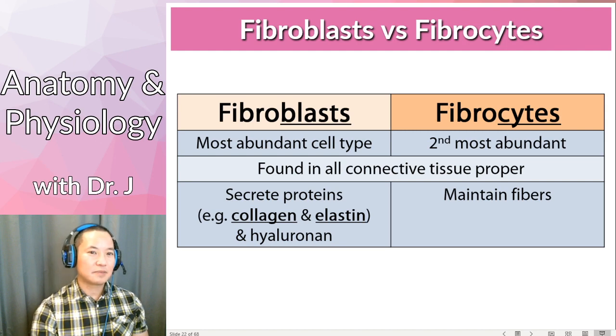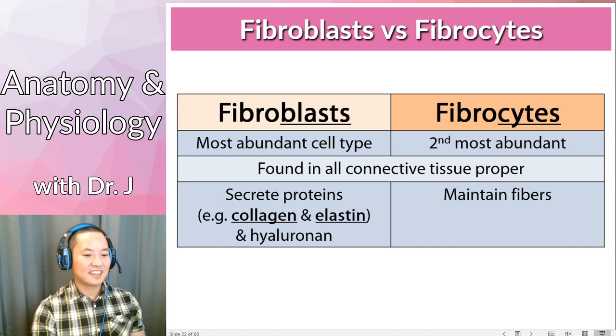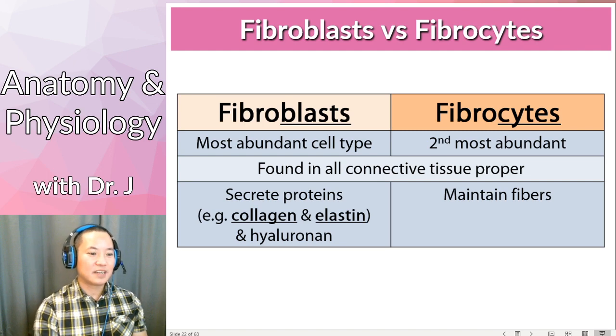These are the ones that most actively secrete the solid protein fibers that make up extracellular matrix. So these are the ones that secrete collagen and elastin. Whereas fibrocytes are no longer as active in secreting these proteins. Now they're more about maintaining the fibers in the extracellular matrix.